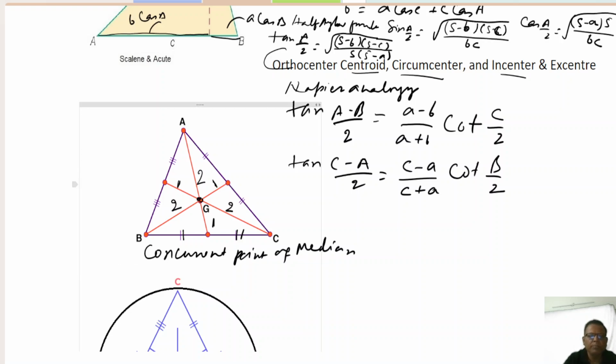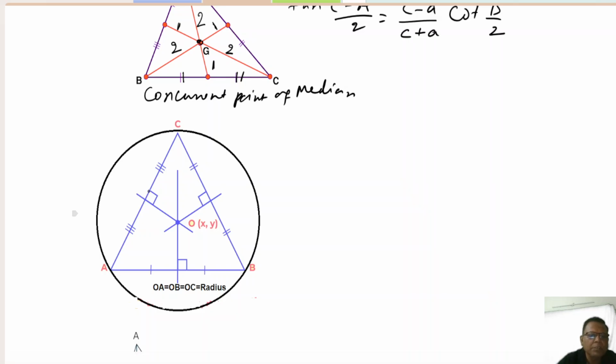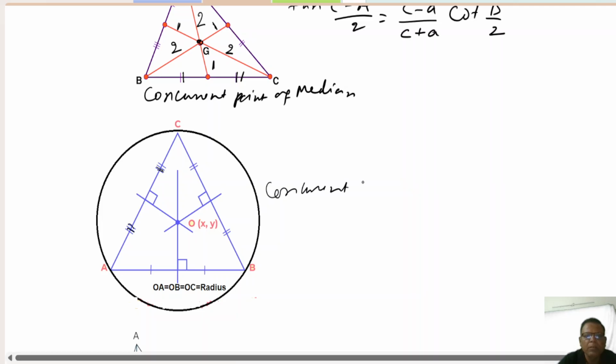Now come to the circumcenter. Circumcenter is the concurrent point of the perpendicular bisectors of the sides. So a side is there and it is perpendicularly bisected.